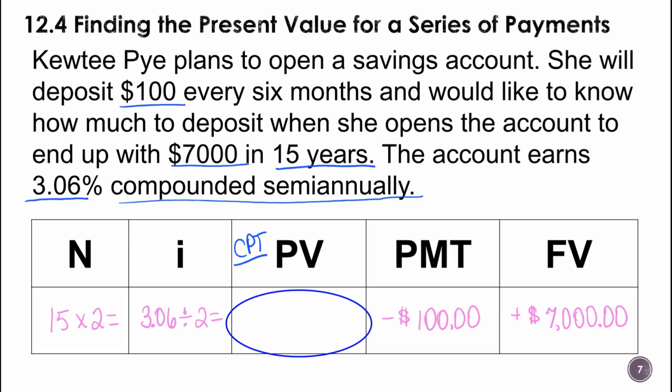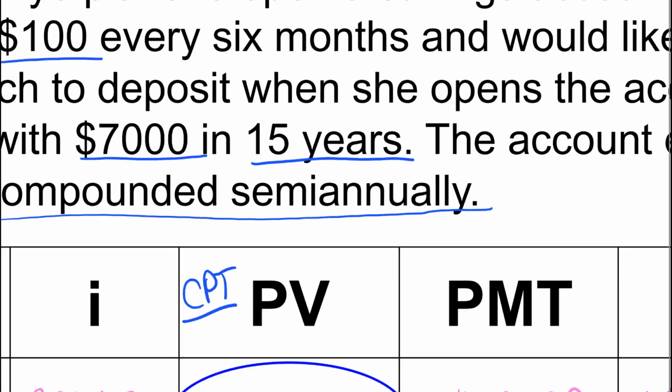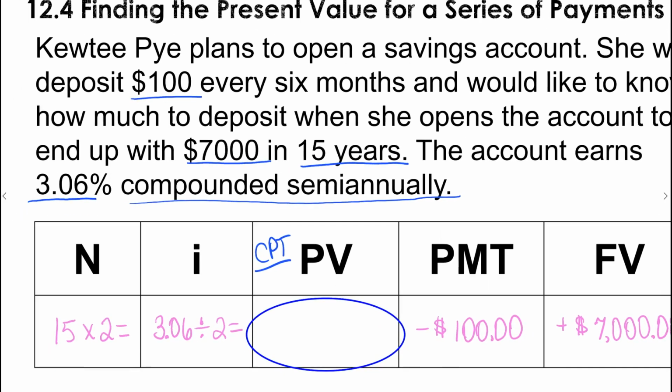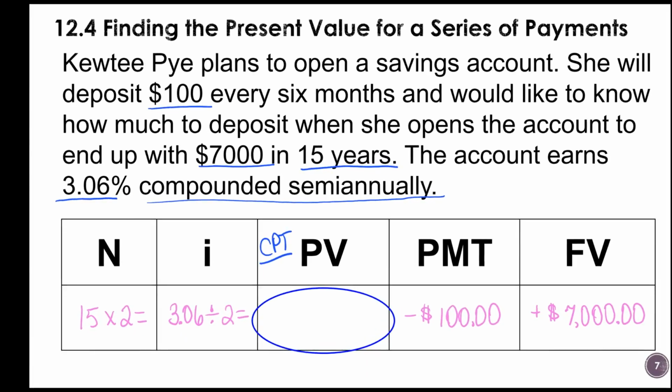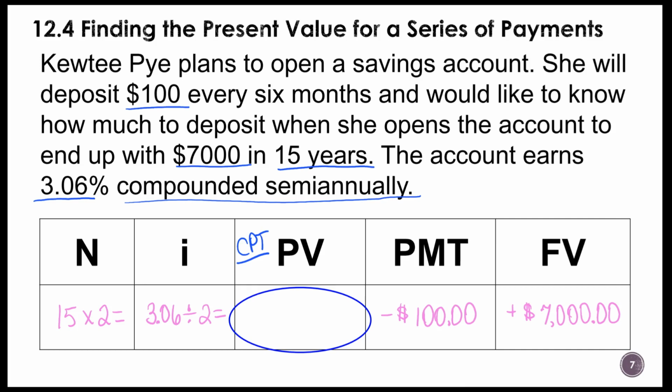She would need to deposit $2,047.41. And of course, she's also making that payment.